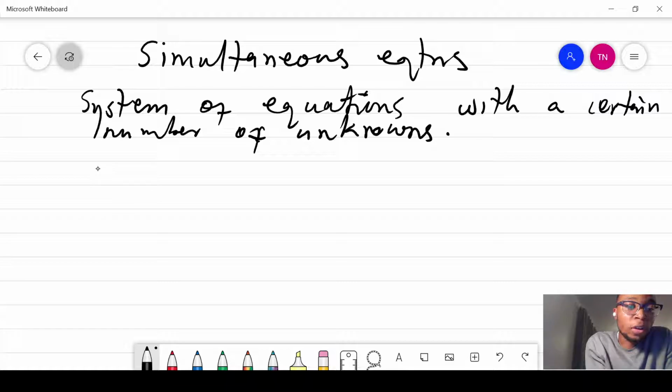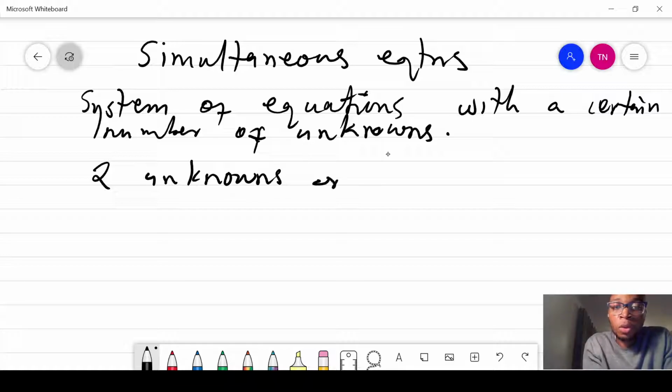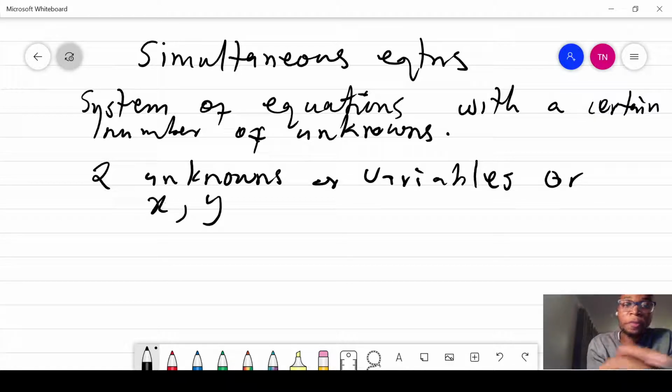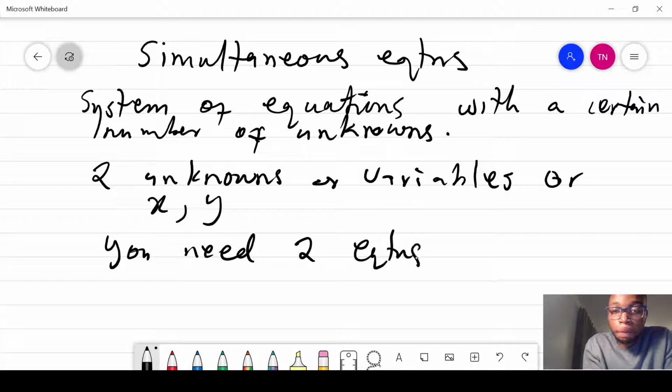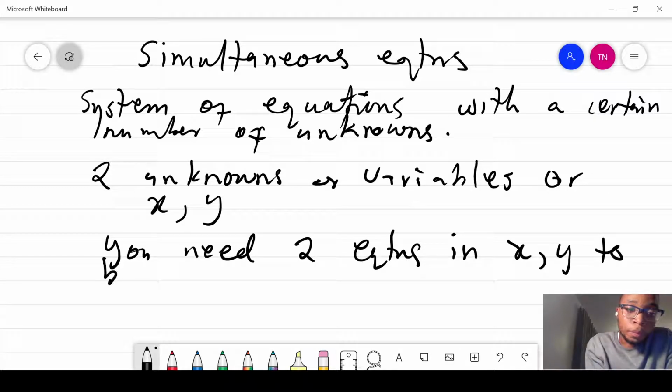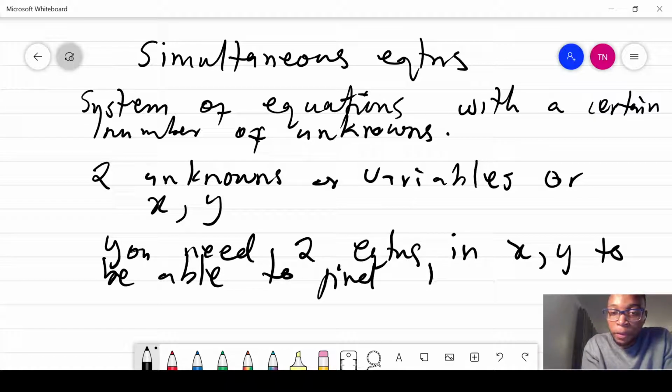For example, if you have two unknowns or variables, let's just say x and y, you need two equations in x and y to be able to find the value of x and y.